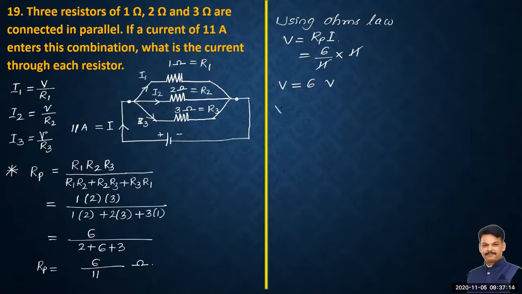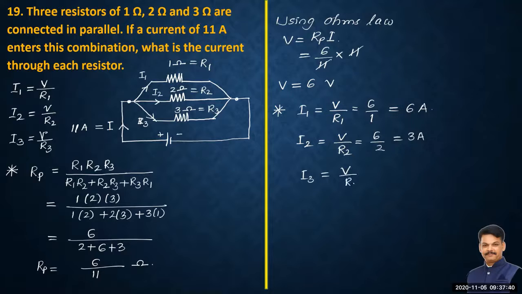Once I know V, it is very easy to find I1, I2 and I3, dear students. I1 is V divided by R1, that is 6 divided by 1, or 6 ampere. I2 is V divided by R2, 6 divided by 2, that is 3 ampere. I3 is V divided by R3, 6 divided by 3, that is 2 ampere.